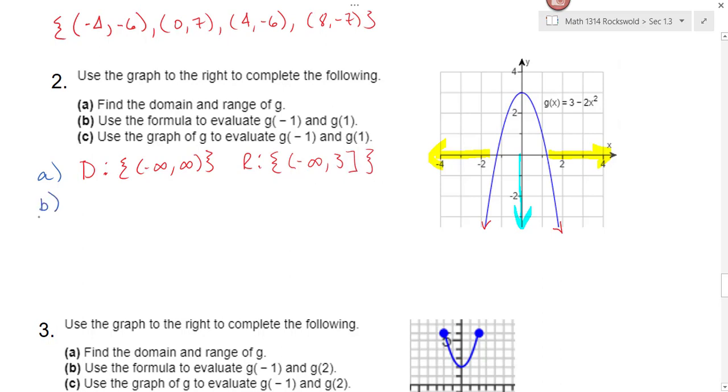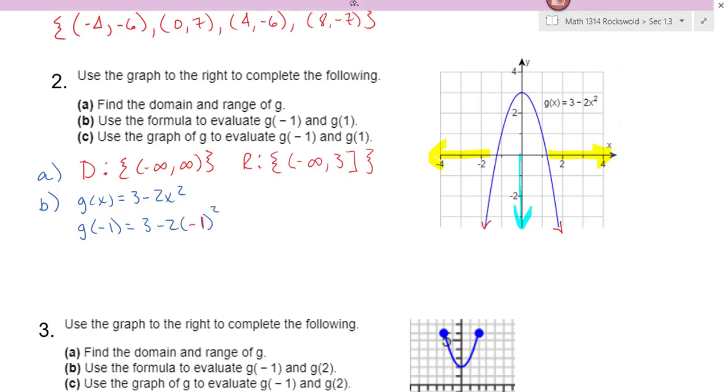Part B says to use the formula to evaluate g of negative 1 and g of 1. The formula is this equation right here. We're told that g of x is equal to 3 minus 2x squared. If you're asked to find g of negative 1, we're going to plug in a negative 1 in place of x and then simplify.